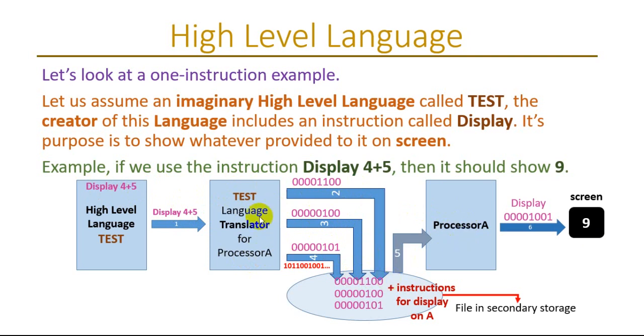Okay, so because of the translator only, the high-level languages become processor independent. It does not depend on the processor because the translator will translate it to the processor dependent part. So once it is done, you can take it from here and give it to the processor. Processor knows these instructions. It will do that and the job will be done.